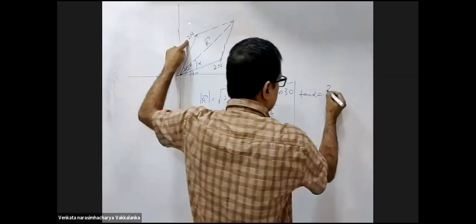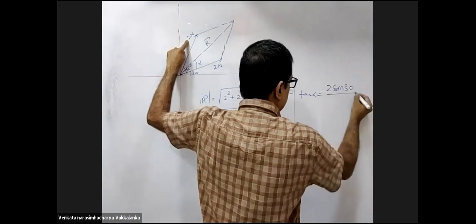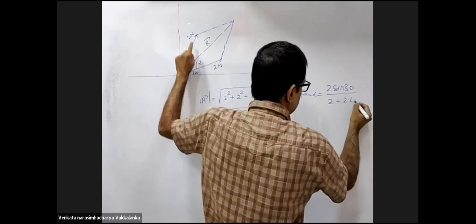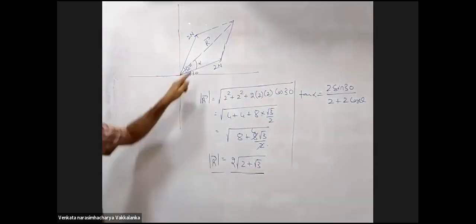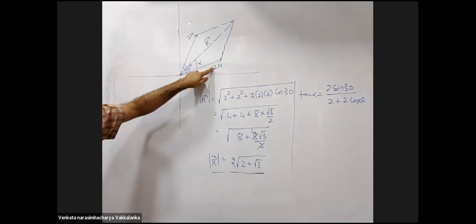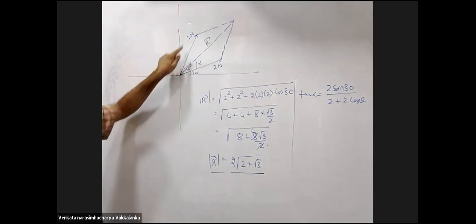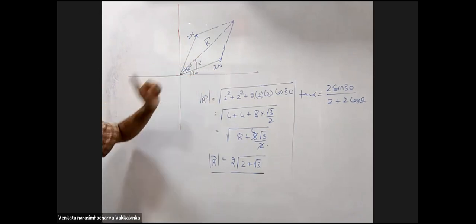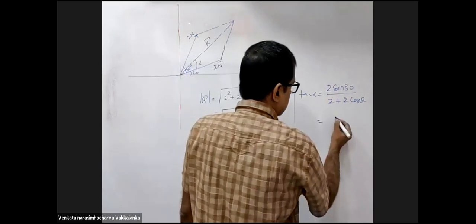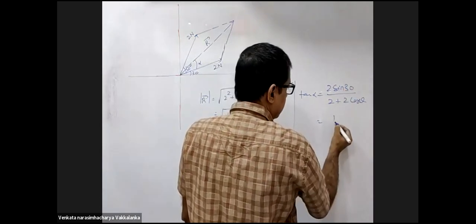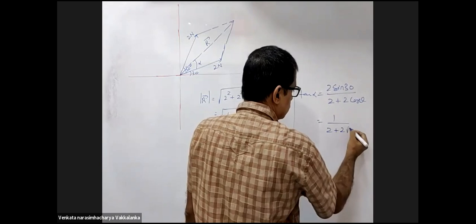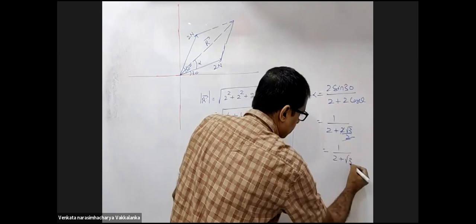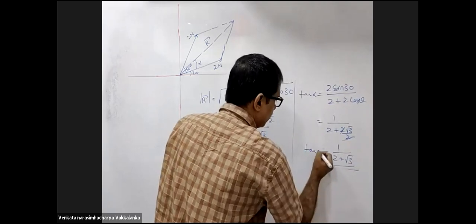Tan alpha will be equal to the other vector into sine theta upon this vector plus the other vector cos theta. 2 into sine 30 is 1, over 2 plus 2 root 3 by 2. So 1 by 2 plus root 3 will be tan alpha.